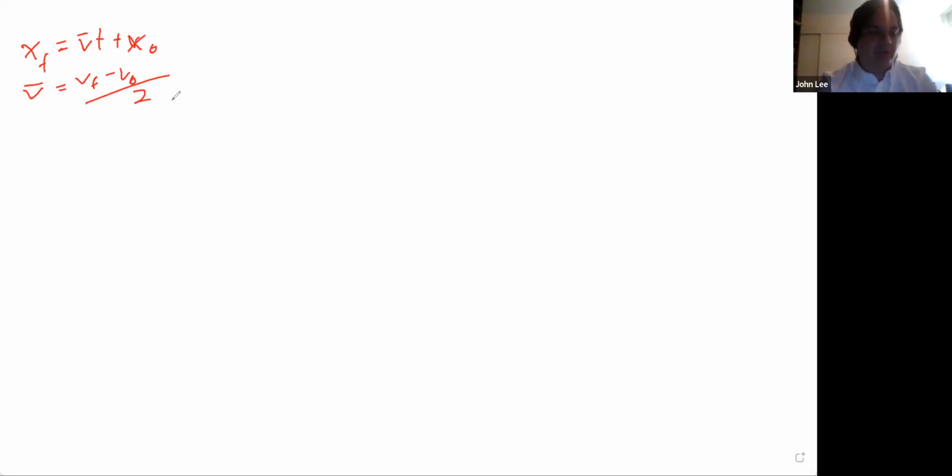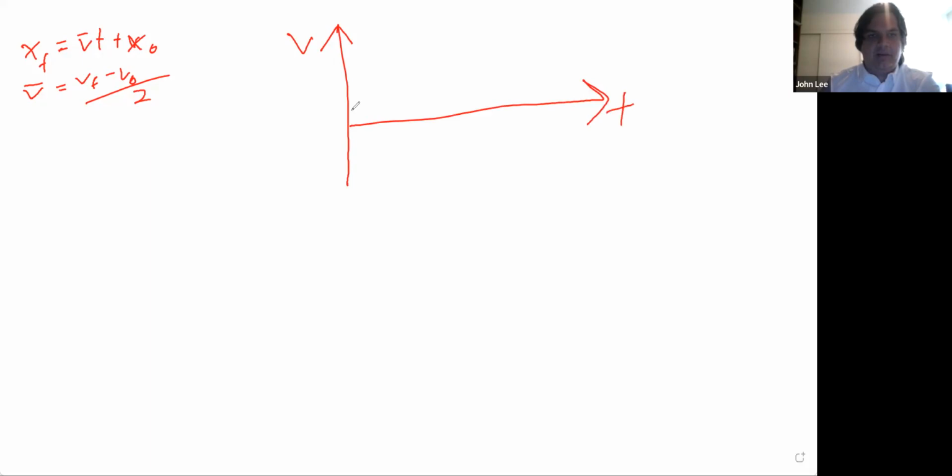You just need to do a little algebra to them, which I've been rambling for a while, so I don't think that I'm going to do that. But v bar, the average value of v being v final minus v initial over 2 makes sense, as with a constant acceleration, then velocity is just going to be a straight line.